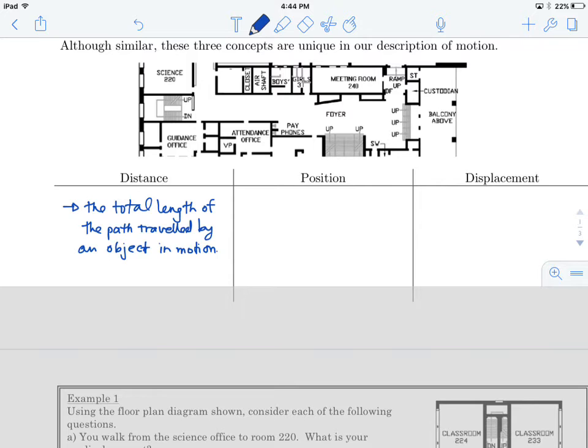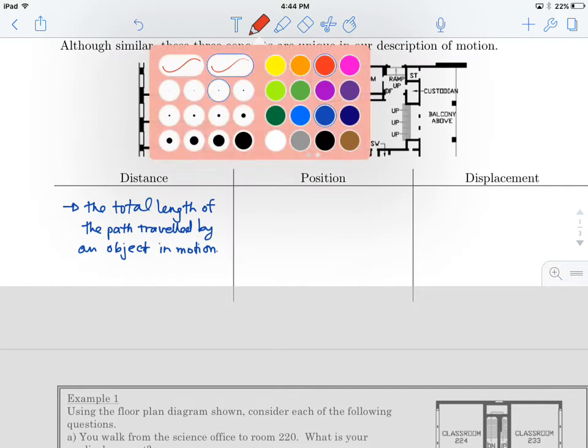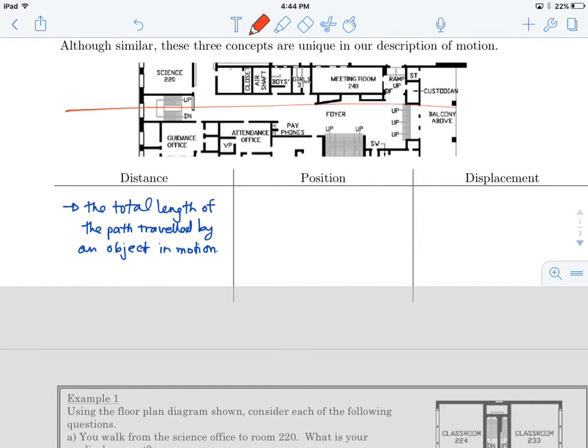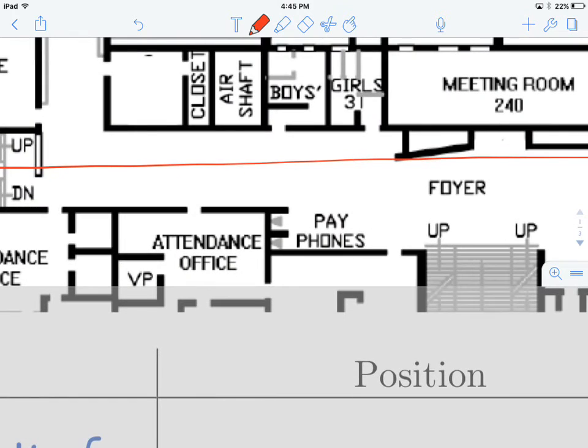And so we could talk about, I have this little section of map here. We're going to draw a little coordinate system. Here's north, here's south. Let's say that in our coordinate system, some person walks from the attendance office down to the meeting room, and then they decide to turn around and they come back and go to the guidance office.